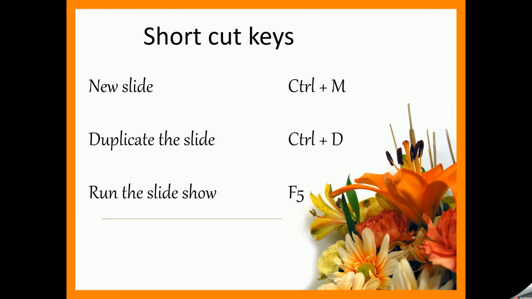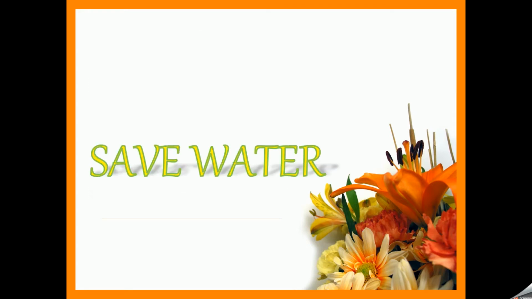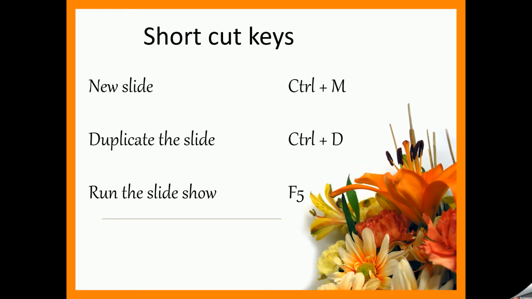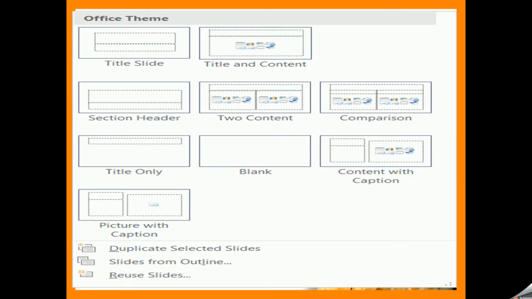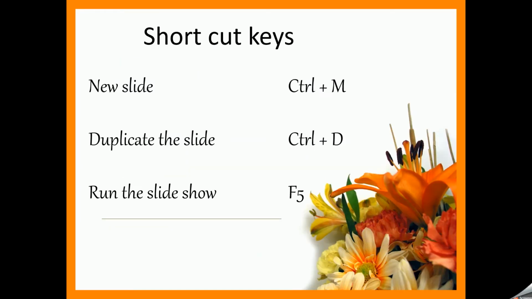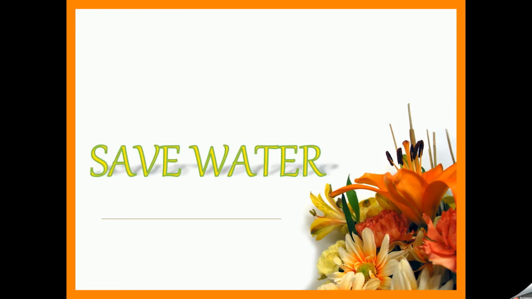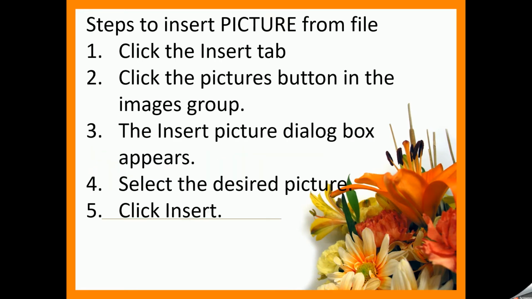Is it clear? To move to the right, next one, I use the right arrow key, and if I want to move to the previous slide, I'll use the left arrow key, or otherwise even I can use the space bar or the enter key to move to the next slide in the presentation while I'm running.